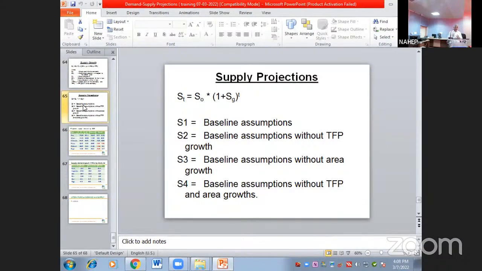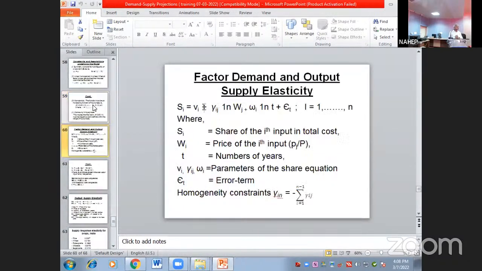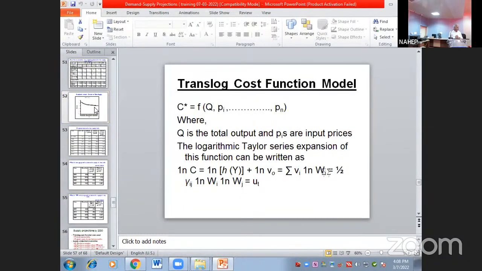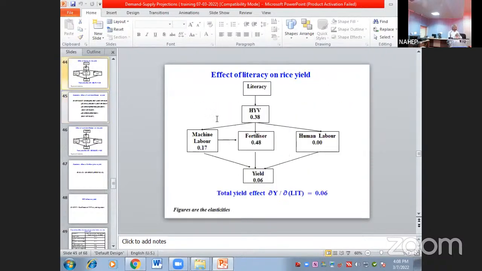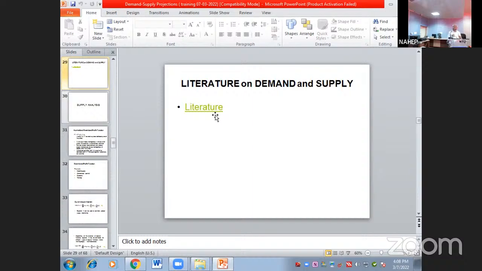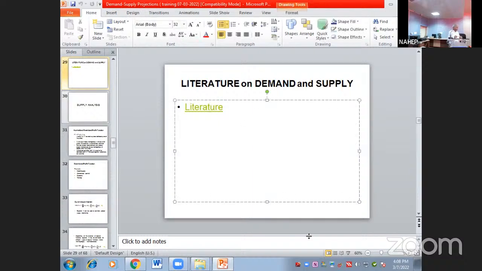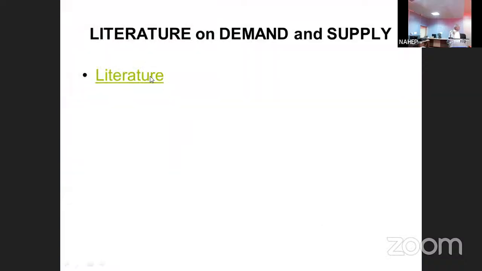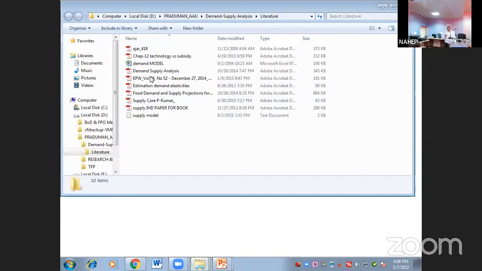There is a paper on subsidy versus technology. There you find how we are able to predict the prices. I think I can show you some. There are 2 more papers.